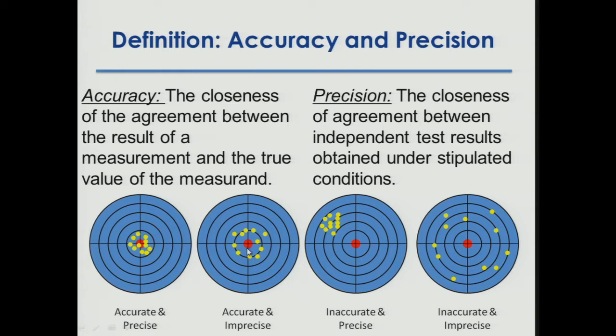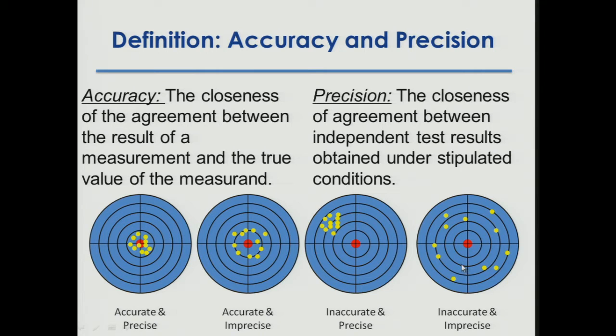Most people are somewhat accurate in that the distribution of their shots is somewhat around the middle of the target, but is somewhat imprecise. If your sight is misaligned and you are a good shot, you can still have a very precise result, but you're obviously going to be very inaccurate.